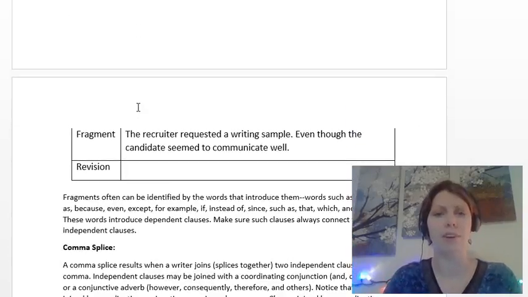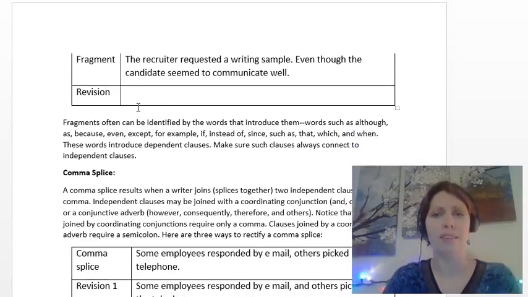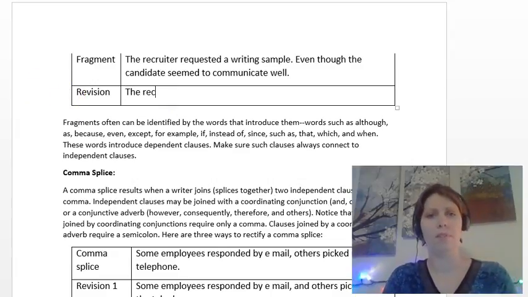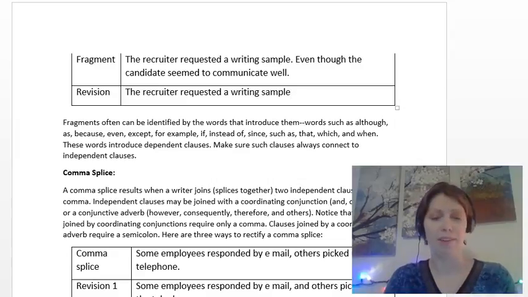Let's look at this next one here. The recruiter requested a writing sample even though the candidate seemed to communicate well. All right, what do I got to do? Add a comma. Good.